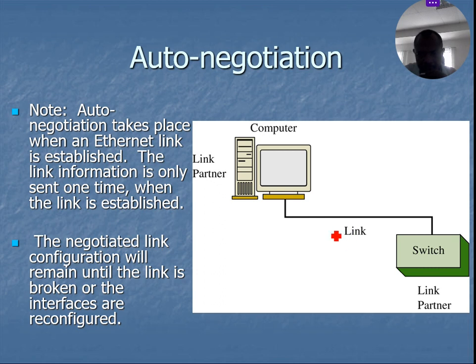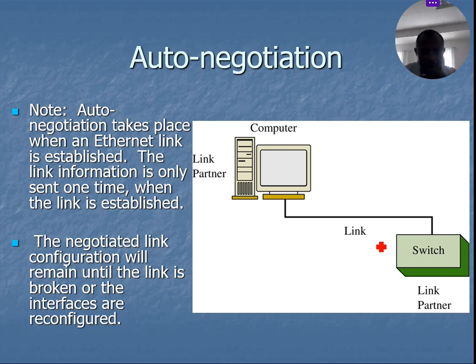It's only when the link has been established between this computer, this link partner, and the switch, that we can say auto negotiation has taken place. The link information is always sent one time, not repeatedly or continuously. Once the link is established, it stays.